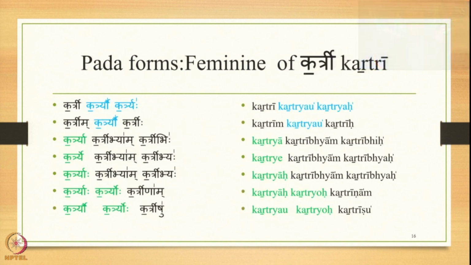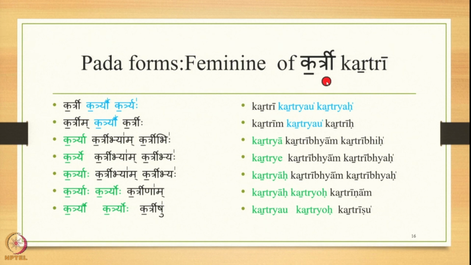Now when we derive the pada forms from the feminine form Kartri, this is how the sutras apply and the forms happen. So for example, we are right now looking at the word Kartri, which has the final vowel Udatta, which is derived from the word Kartru, which has the final Ru Udatta.